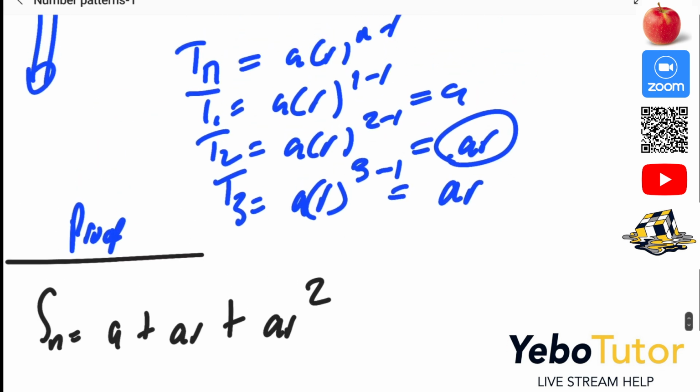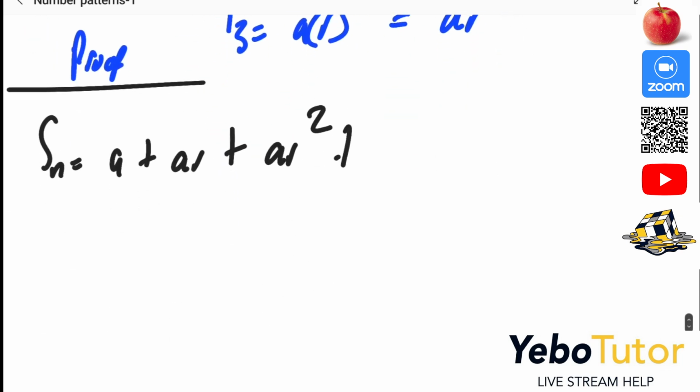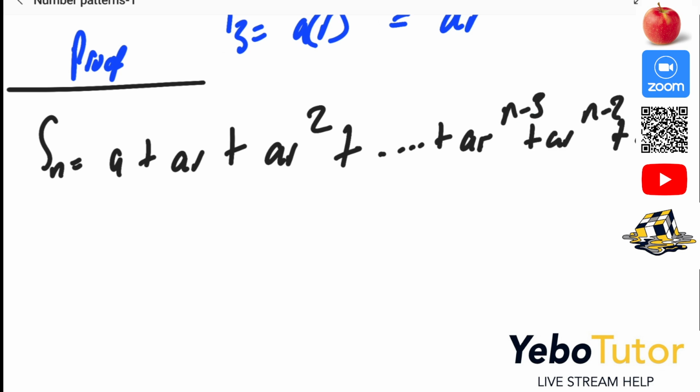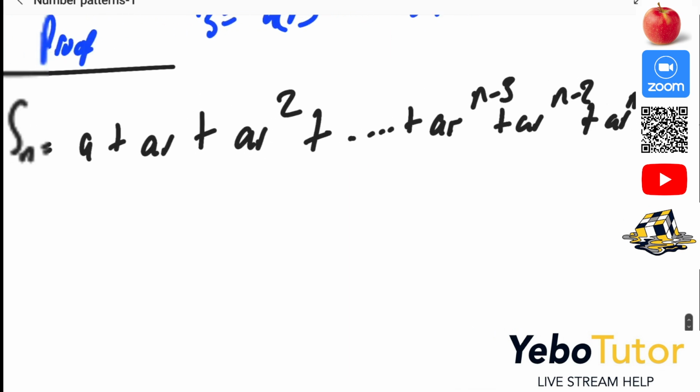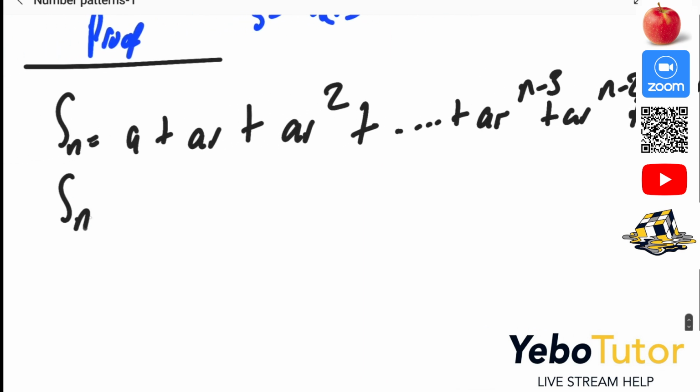So this is ar squared. So we are summing up the terms of the sequence plus your ar to the power n minus 3 plus your ar to the power n minus 2 plus your ar to the power n minus 1, and this can be your equation number 1.